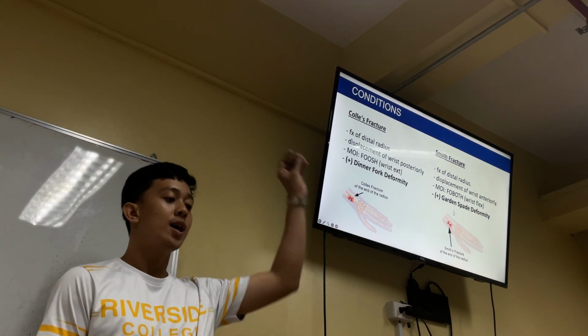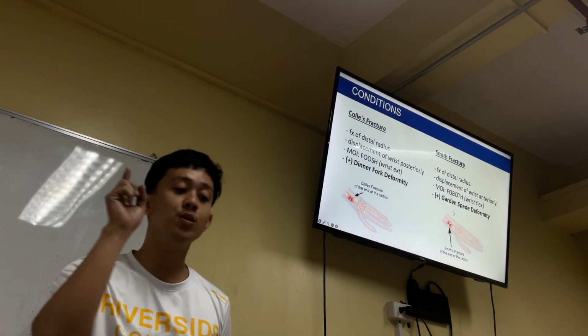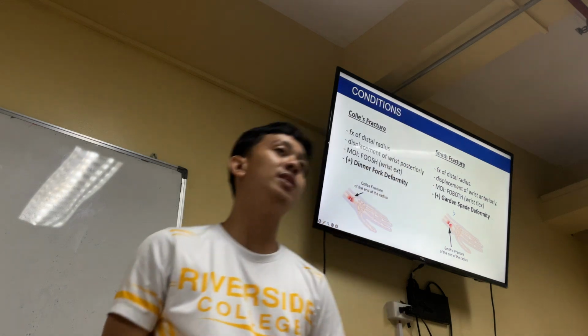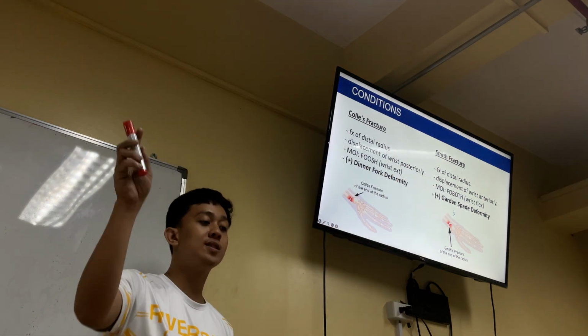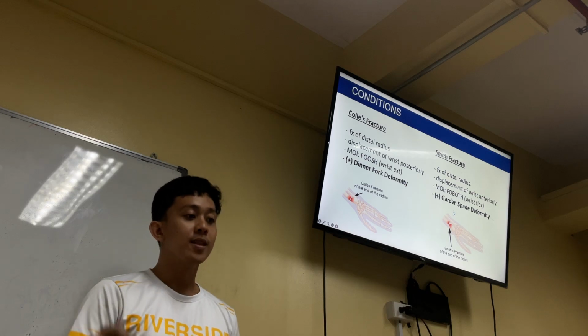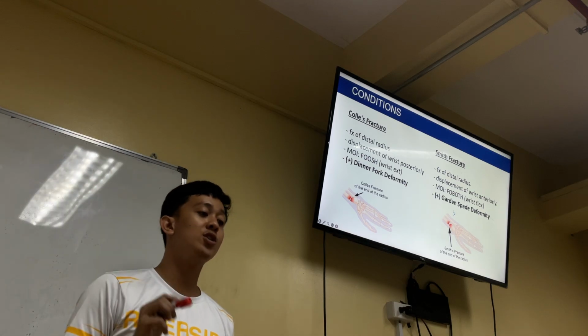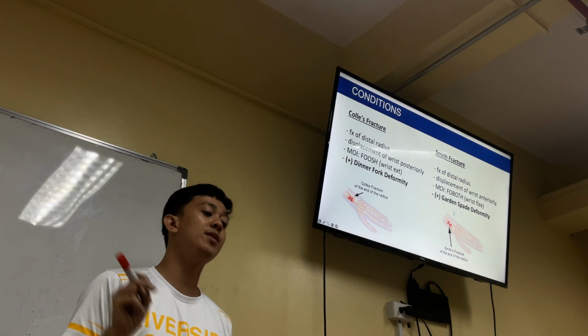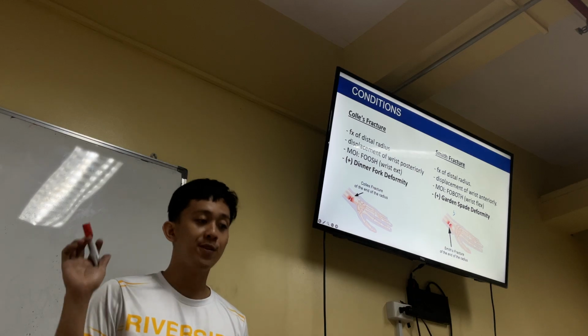Okay? One of the important clinical manifestations of your Coles fracture is the dinner fork deformity. On the other hand, Smith fracture's important clinical manifestation is the garden spade deformity.